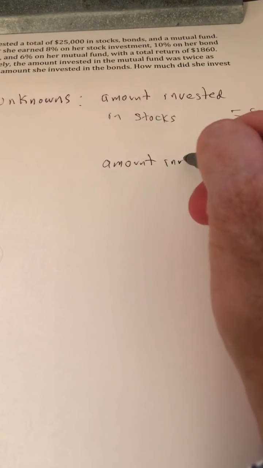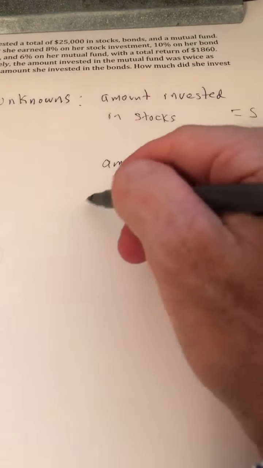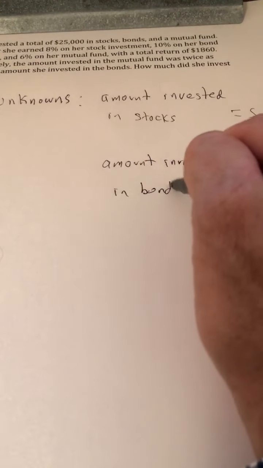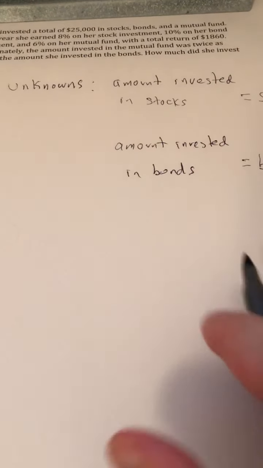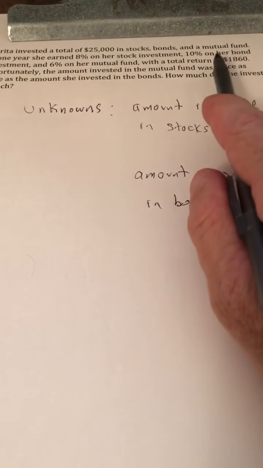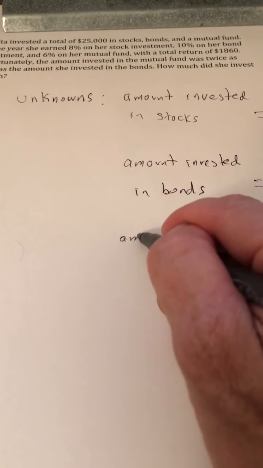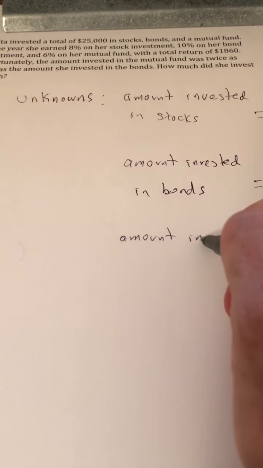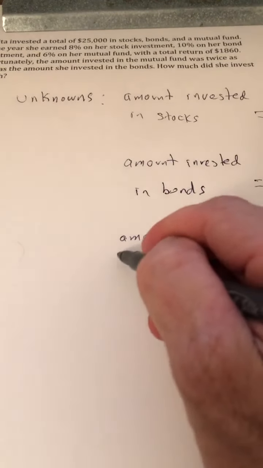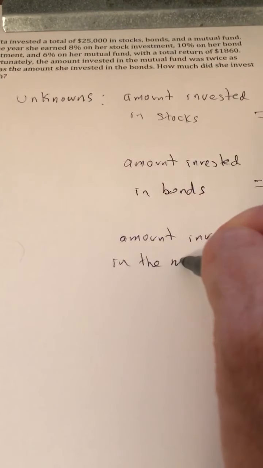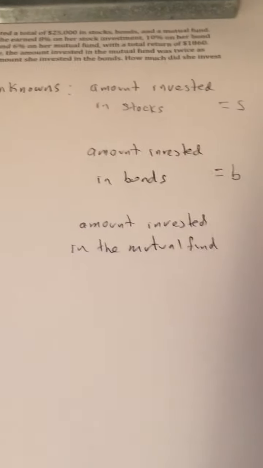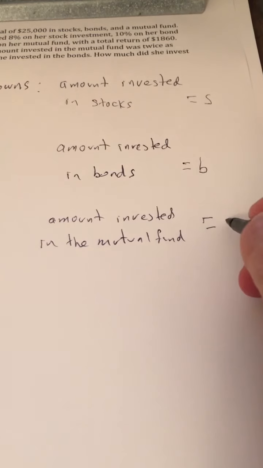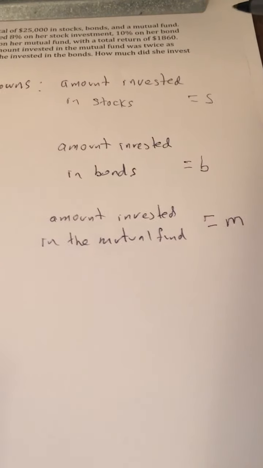The amount invested in bonds, why don't we call that B? And then, of course, we have the amount invested in the mutual fund. We'll call that M. Notice how we're using letters that help us remember what they represent.